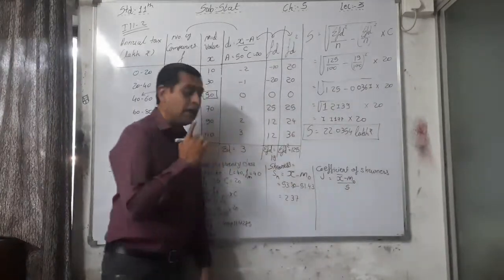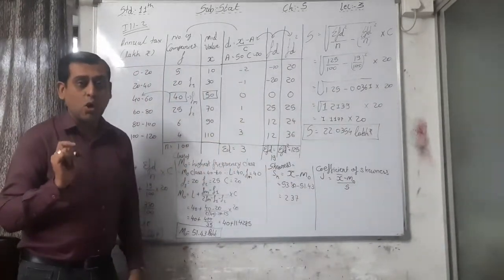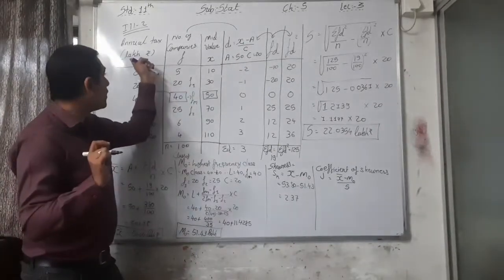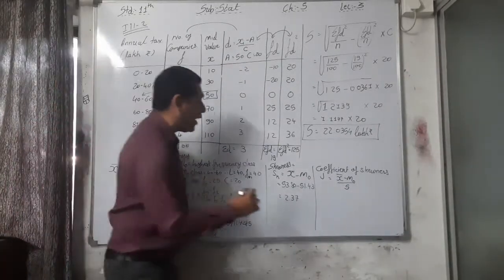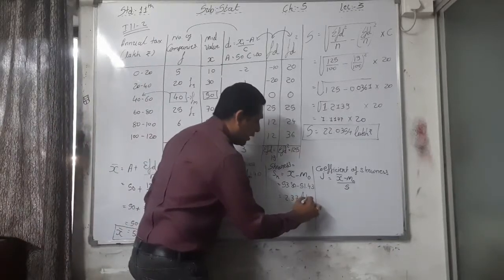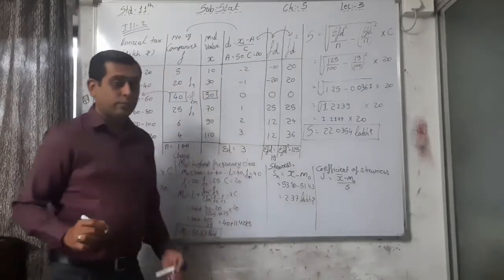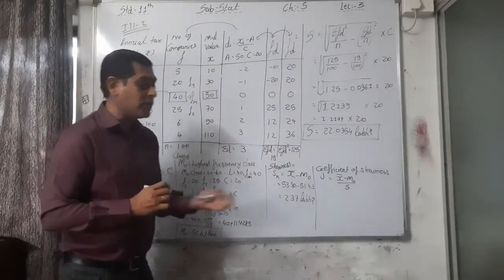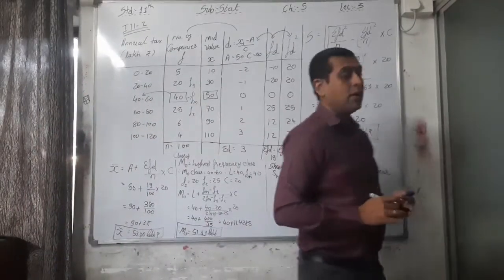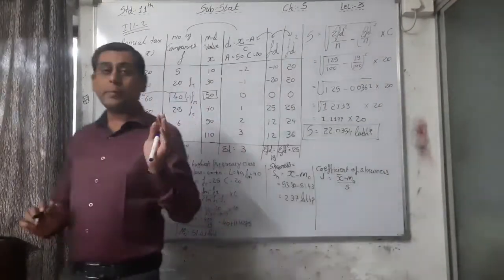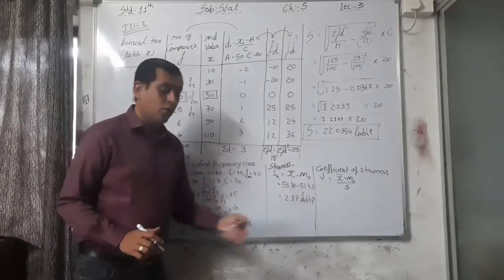See, the relative measure is always free of unit. Whatever the lakh rupees is given, you have to write lakh rupees here compulsorily. The relative measure is free from unit, and the absolute measure we have to write down with the full unit.